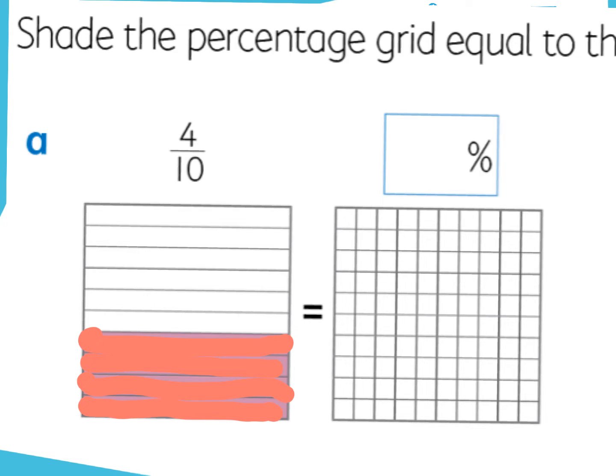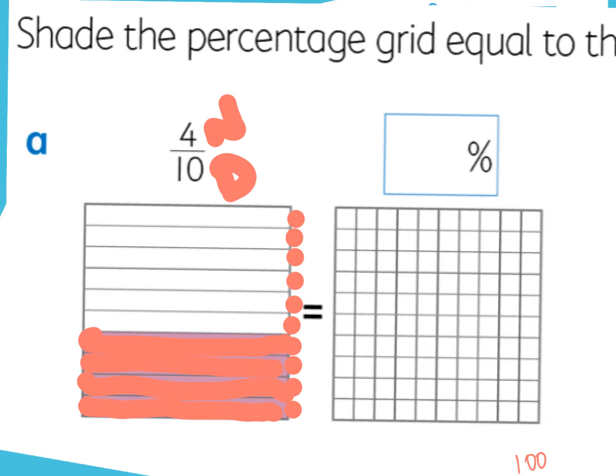And you can see that the shaded part gives us our numerator. And then we've got 1, 2, 3, 4, 5, 6, 7, 8, 9, 10. And 10 gives us our denominator, okay? So over here, I can say straight away with confidence that there is actually 100 squares there.